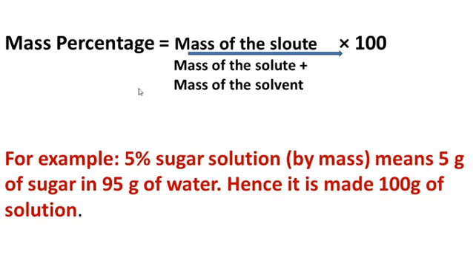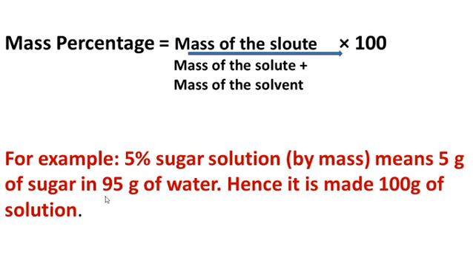Mass percentage is the mass of the solute divided by the mass of the solute plus the mass of the solvent, which is called the solution, times 100.